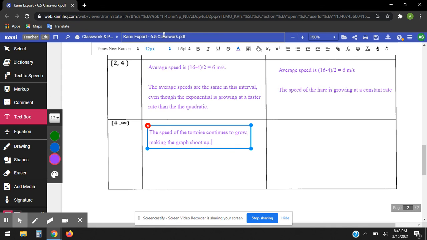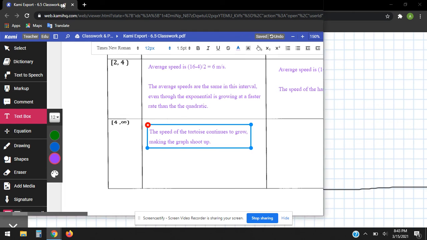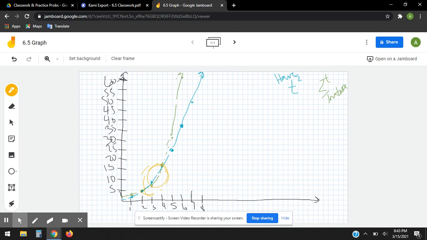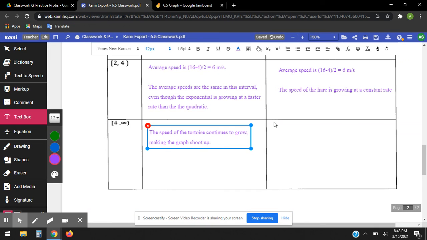Right? Because when we go back to our graph and zoom back out, notice how that tortoise just goes even steeper, faster than that hare over here.